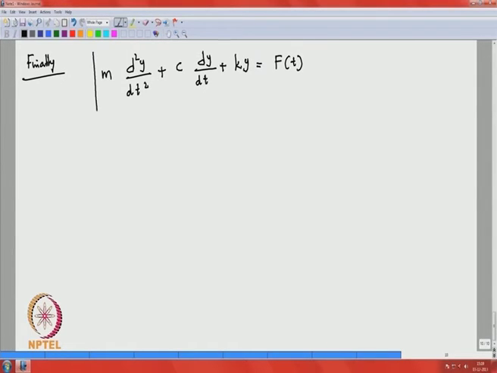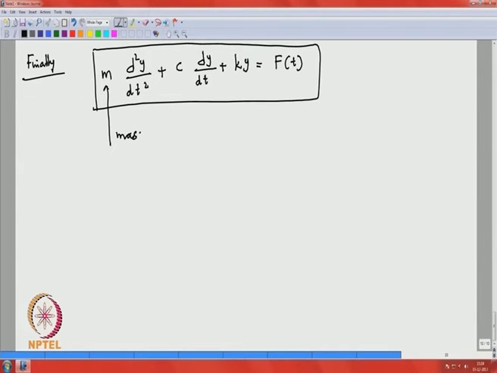So, you have to understand these terminologies. M is mass. C is called the damping. You are putting in a damping, and you have to understand why a mechanical system needs damping. Here you are putting this system in oil and creating a damping on the system.